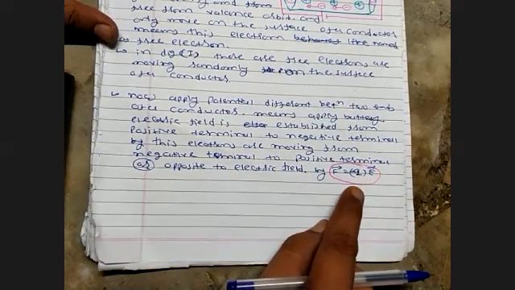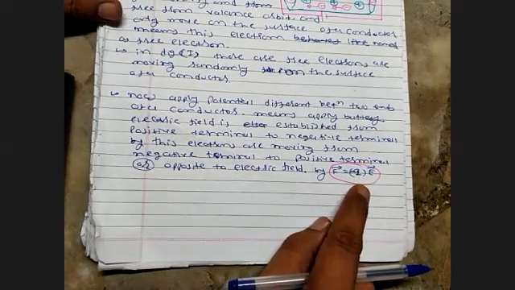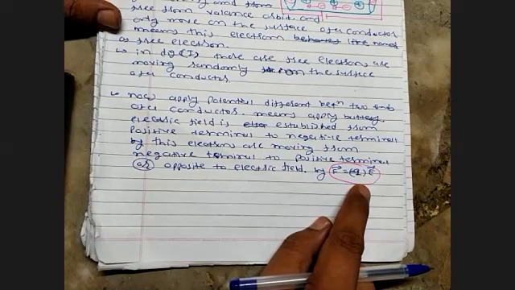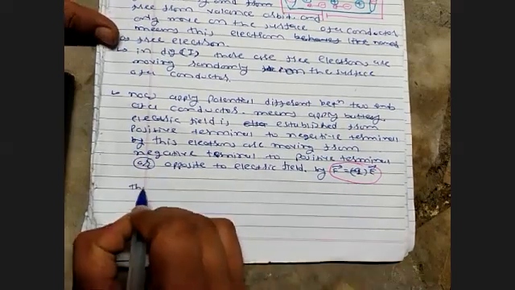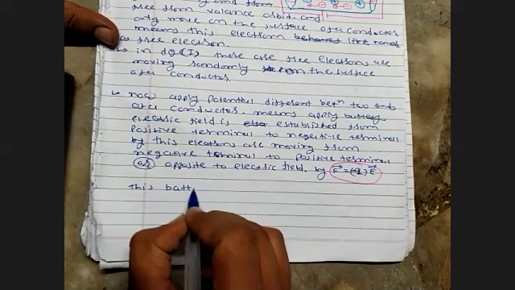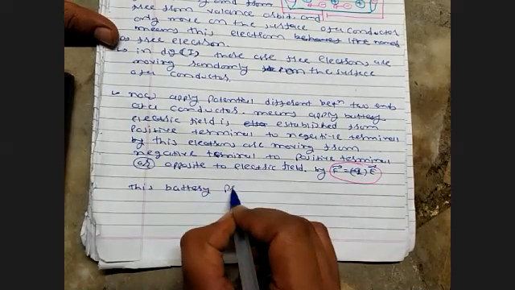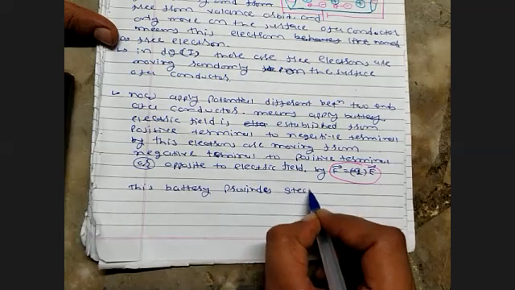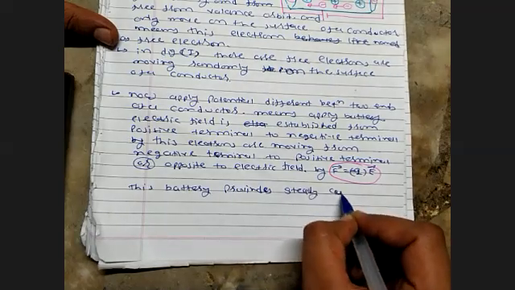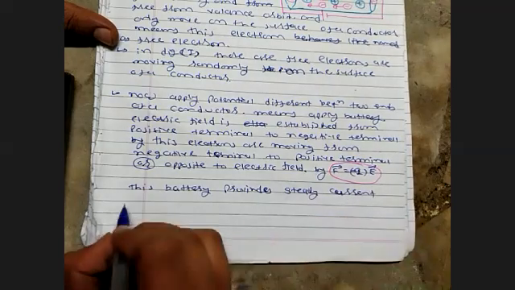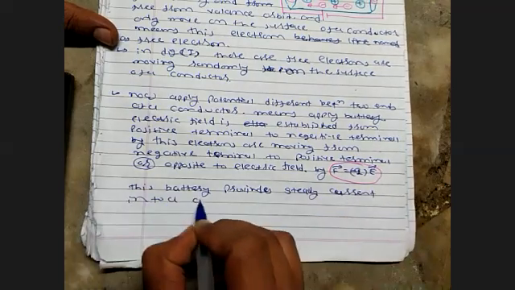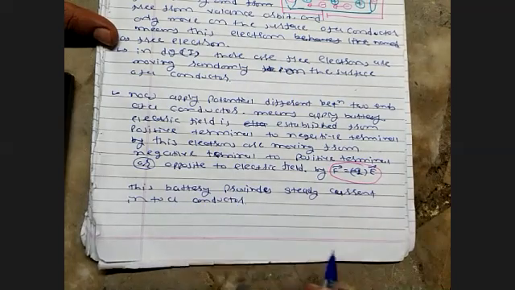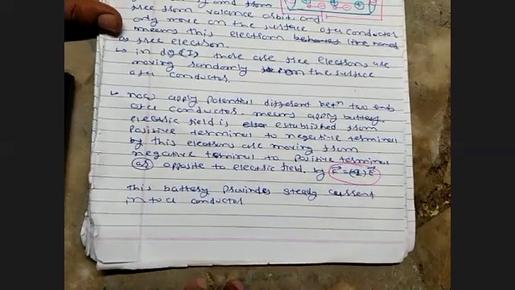So the battery connected across the two ends of the conductor provides a steady current into the conductor. This provides a steady current into a conductor.